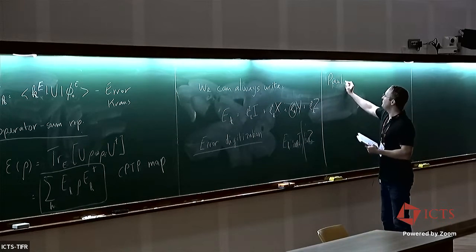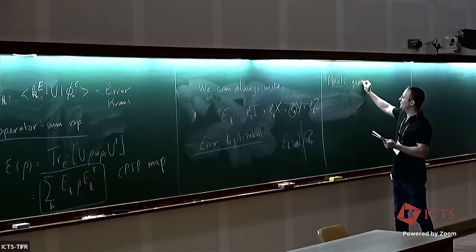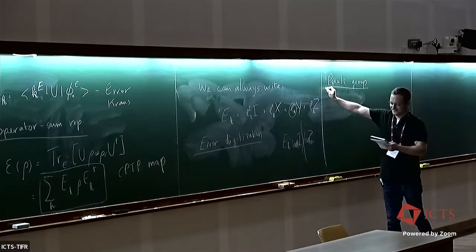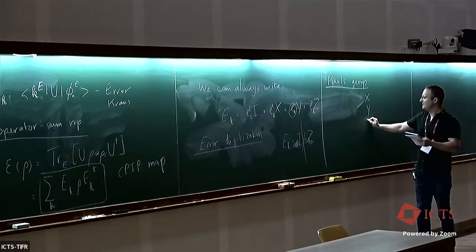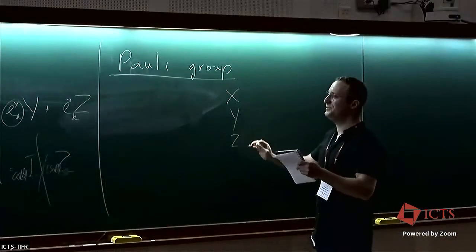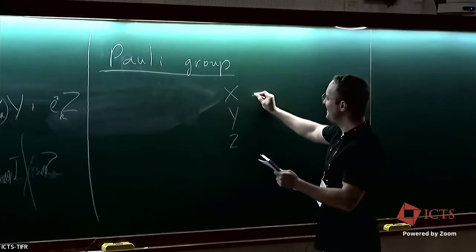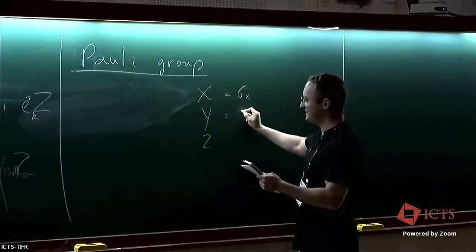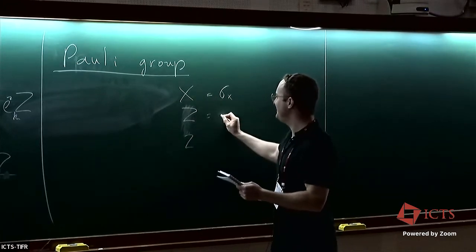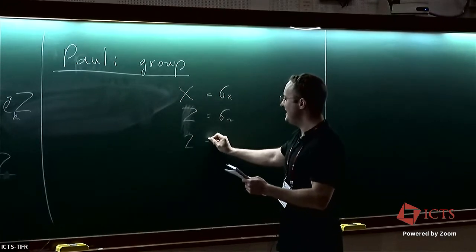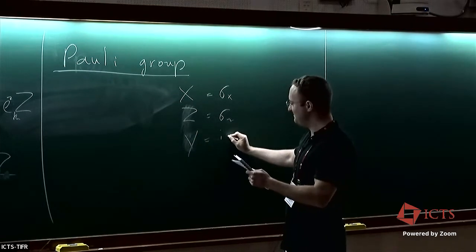I presume many of you know this, but I'll write it down anyway because it's important for the rest of the talks. I'll introduce the Pauli group. In quantum computing, usually we don't work with sigmas. We write X, Y, and Z, as you saw. X is sigma x, Z is sigma z, and Y, confusingly, is i sigma y.